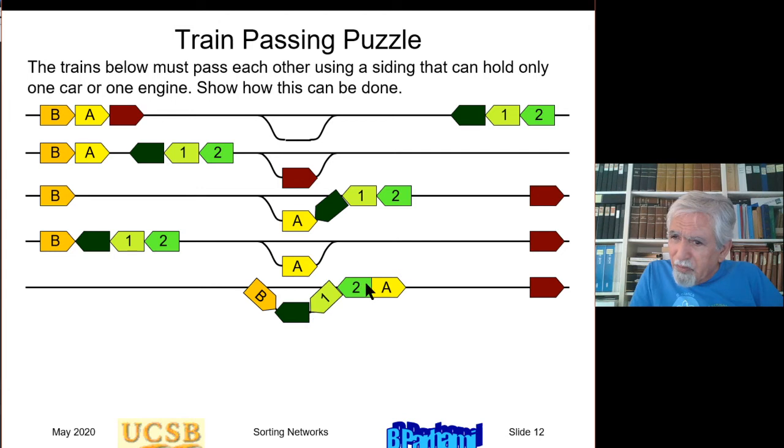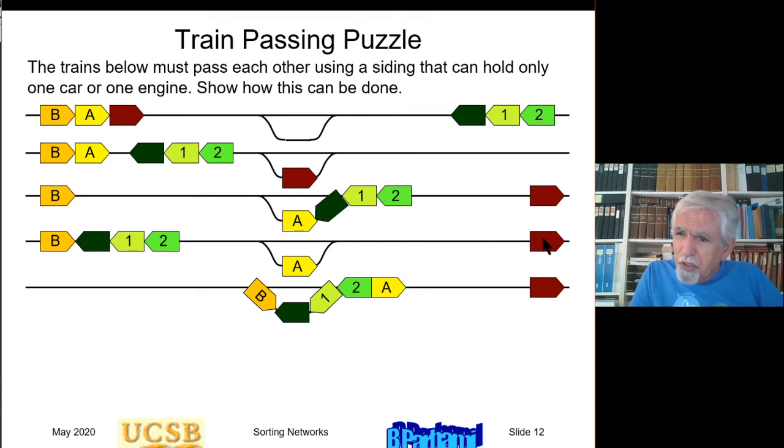And again, this green train will go while B is in the siding. The green train will go to the other side and push B. And this process continues, and you can do it no matter how many cars there are in each train.